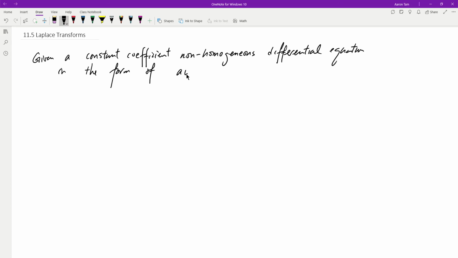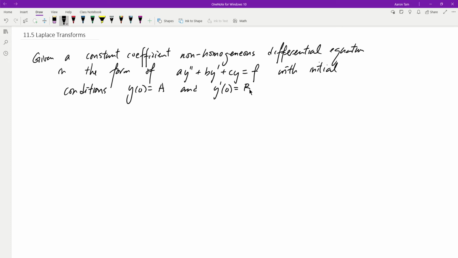Let's say ay double prime plus by prime plus cy equal to f, with the following initial conditions. Notice that because this is a second order differential equation, we're going to have two initial conditions. First one is y of 0 equal to some number a, and y prime of 0 equal to some number b.